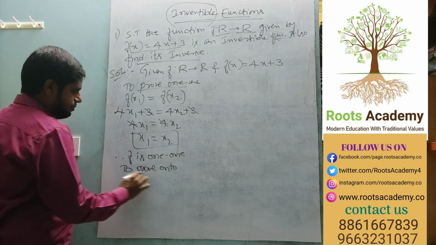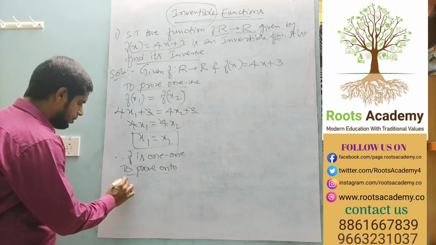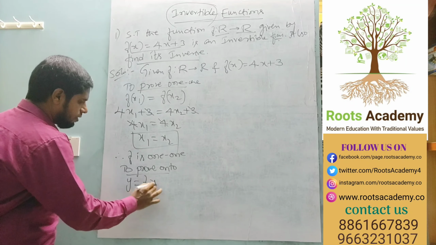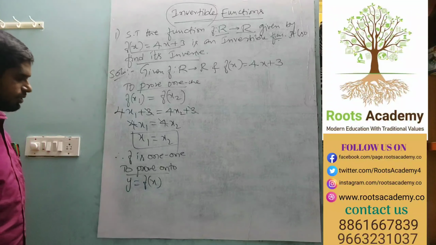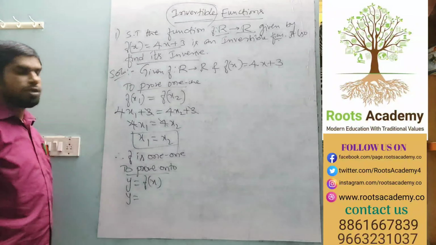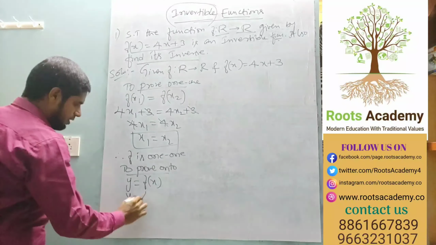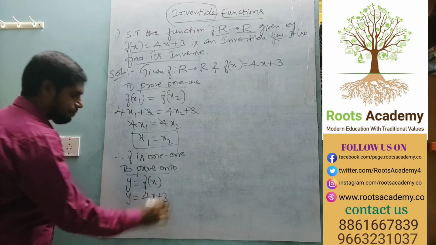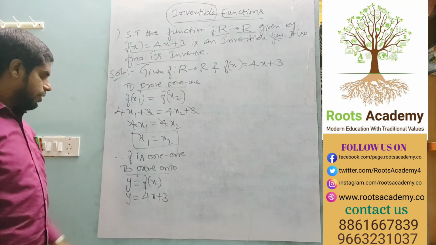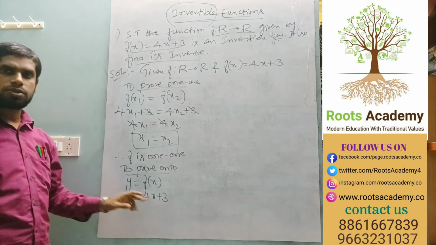To prove onto, what is the condition to prove onto? It is y is equal to f of x. Simple condition. Now y is equal to f of x is clearly given here. It is 4x plus 3. And we know in onto we find the value of x in terms of y.